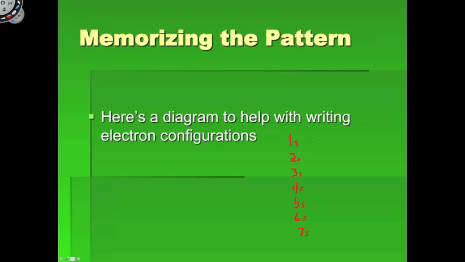Your second column is your P column, but there's no 1P sublevel, so you start with the second one. 2P, 3P, 4P, 5P, 6P, 7P.